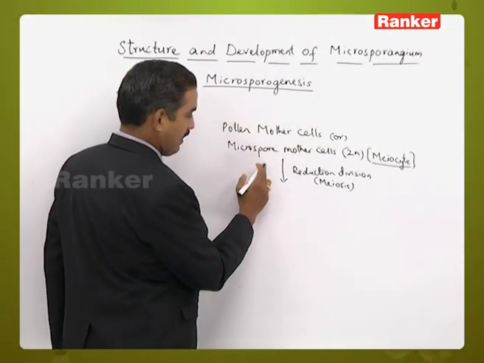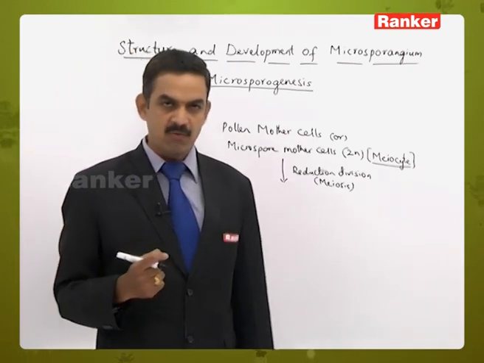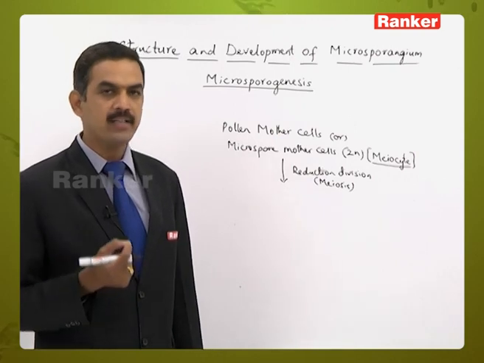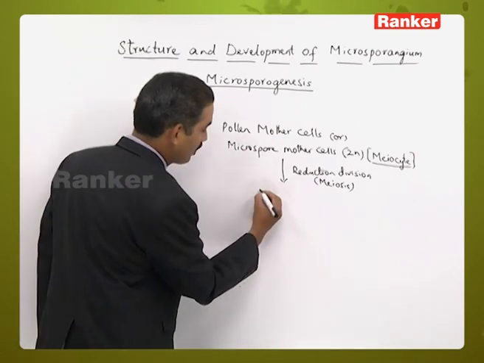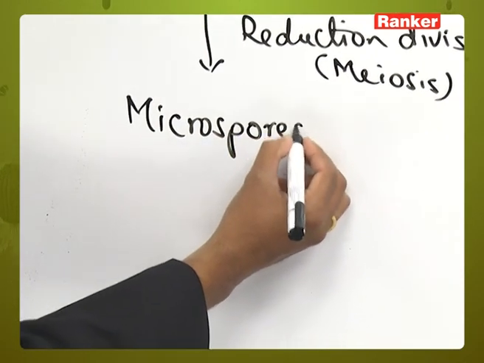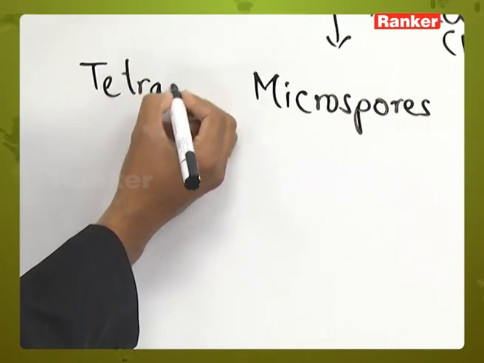And as we know that in meiosis, 2 times the cell will divide and also the nucleus, resulting into 4 haploid cells, and these are called microspores, or we can call it a tetrad of microspores. Why?